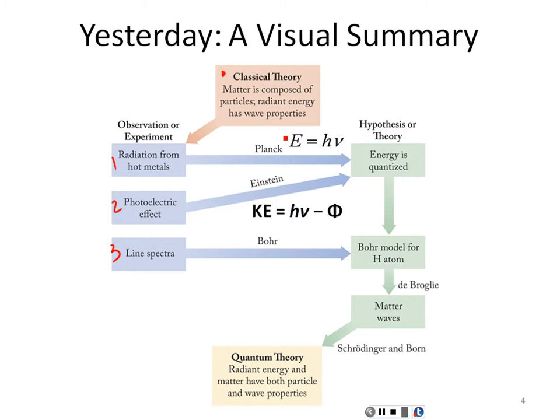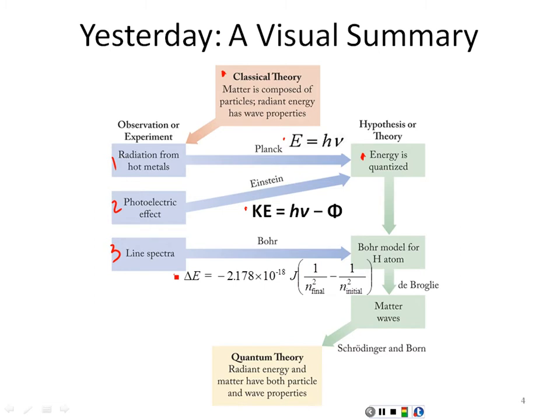Einstein used Planck's idea of energy quantization to explain the photoelectric effect, and the equation for the photoelectric effect is here. Both of these theories said that energy is quantized. Now Bohr used that theory plus the observation from line spectra to create his model for a hydrogen atom, and that equation is shown here.